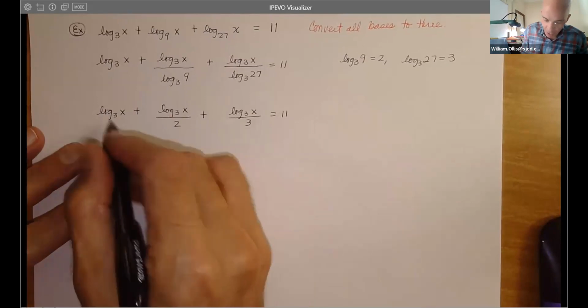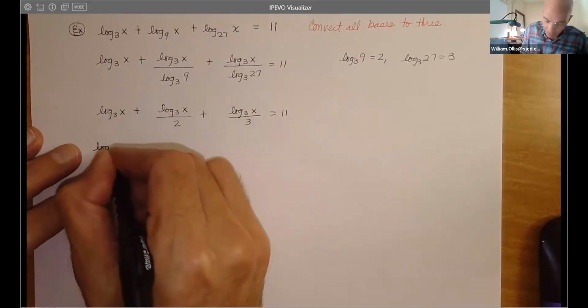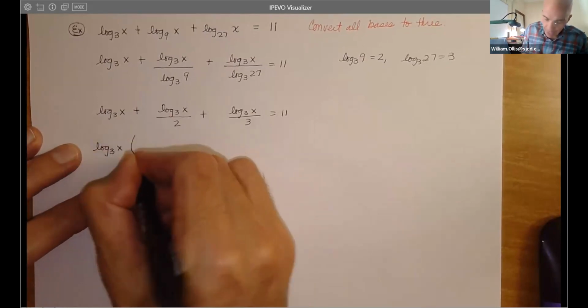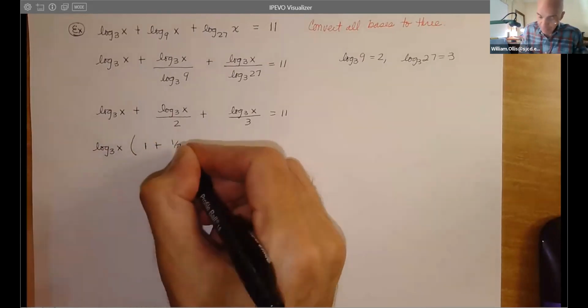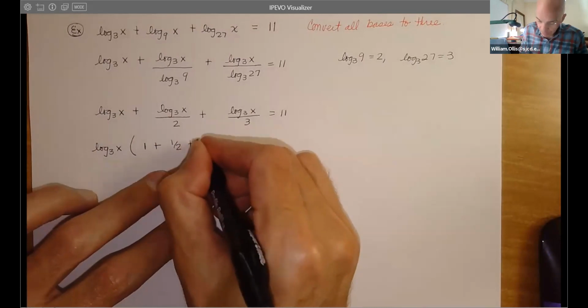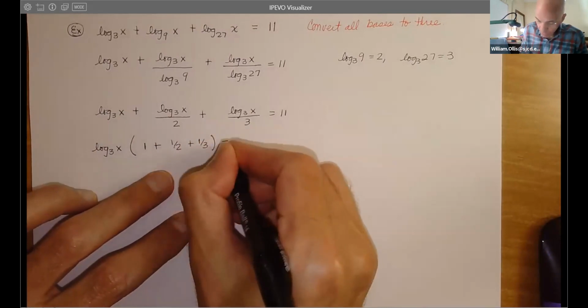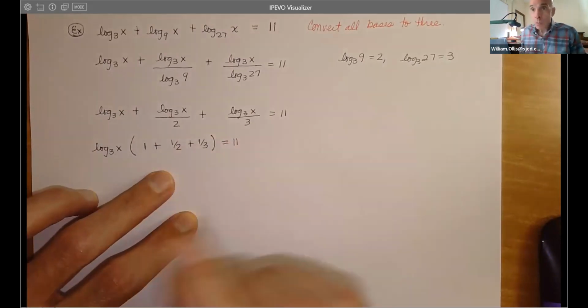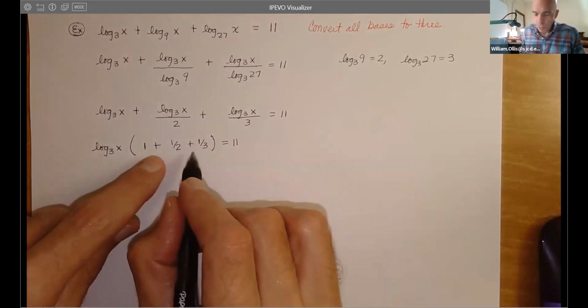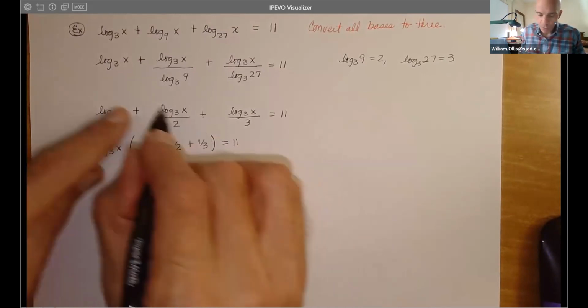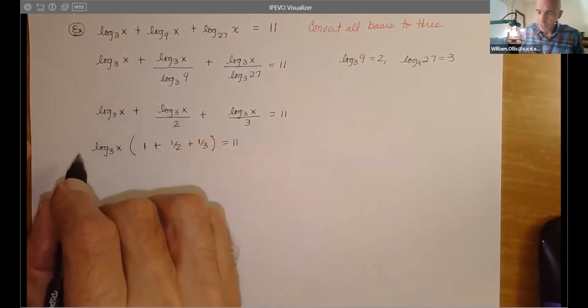So now we factor the base 3 logarithm of x, and this gives us 1 plus 1/2 plus 1/3 equals 11. Now, when we think about this and we think about what we're doing, you think, well, Professor Ron, maybe you should move this over here so it looks like a coefficient of the logarithm.